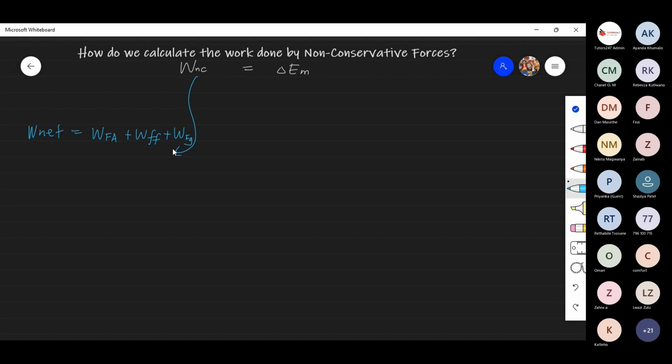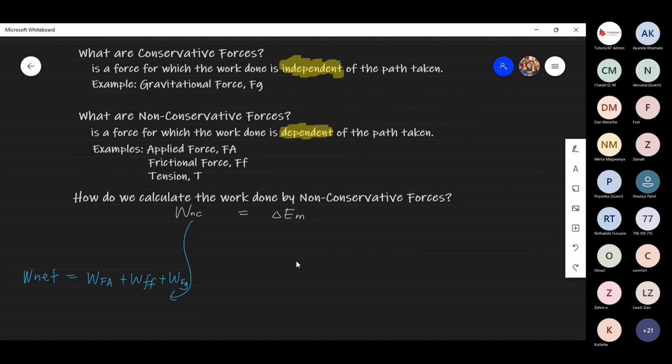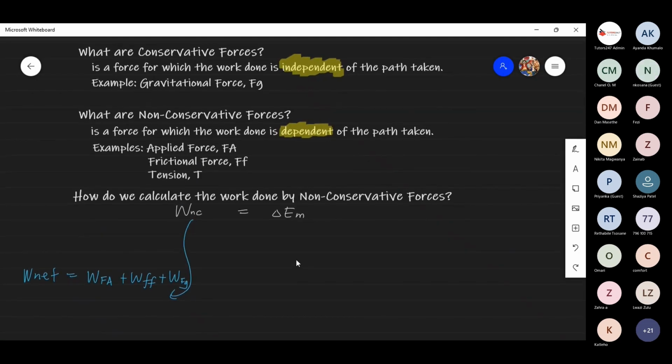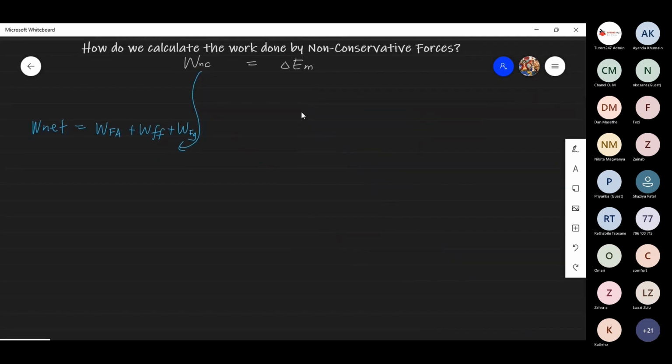So this is work net, but we don't want work net. We want work done by non-conservative forces. So if we go back to our definition, non-conservative forces refer to applied force, frictional force, and tension, whereas gravitational force was a conservative force. So if we are calculating using non-conservative forces, we cannot use a conservative force in our formula.